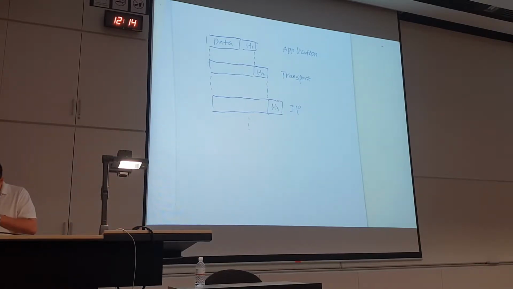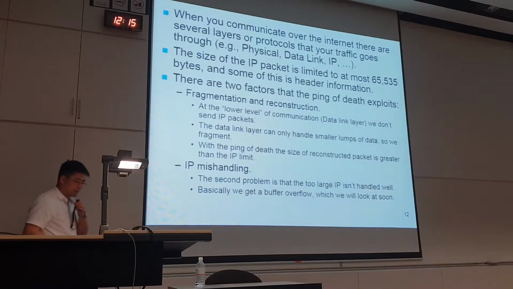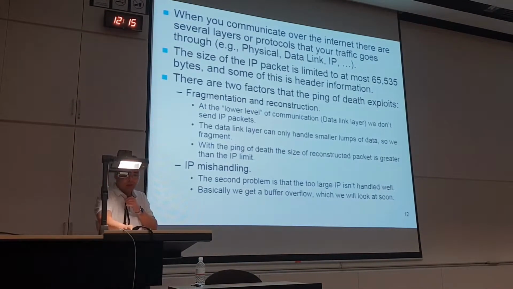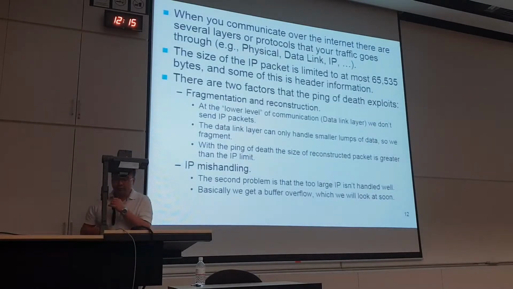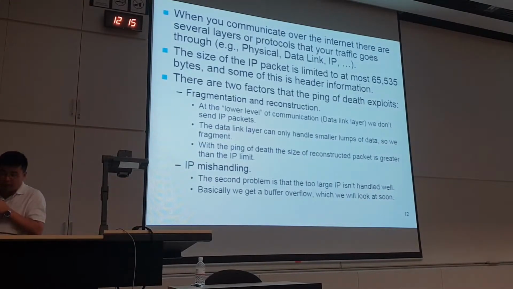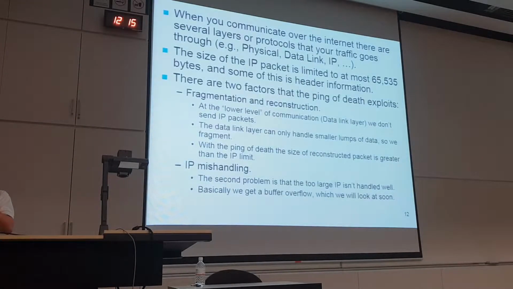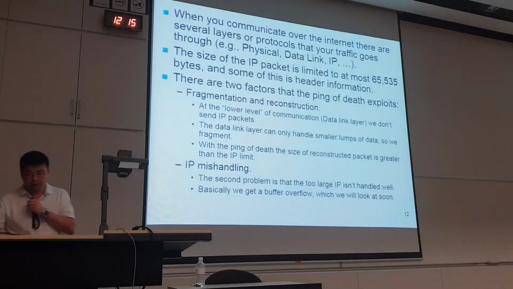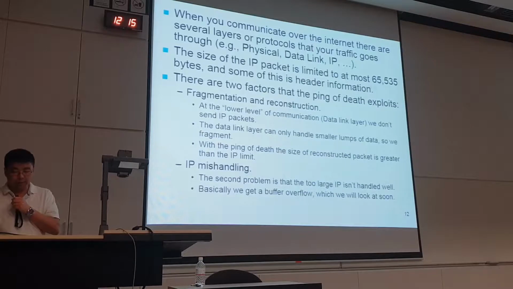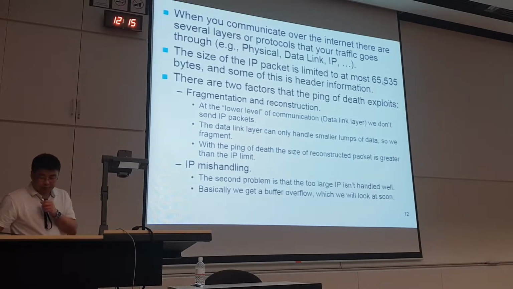Alright, this protocol itself does not have any problem. However, for different layers the limitation on the size of the packet is different. For the IP layer, the limit of the IP packet is 65,000 plus bytes.